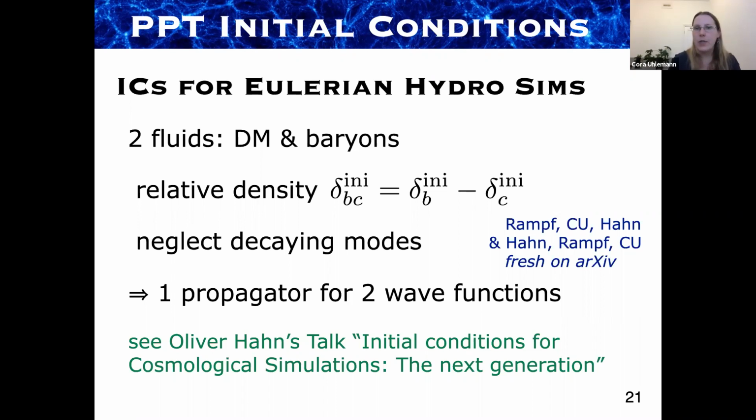In this setting, one can simply apply the single fluid propagator that I described here to the wave function for each fluid species. So all one has to do is to set up the different initial conditions for the wave function and then propagate them with the same propagator. So please have a look at Oliver Hahn's talk about the next generation of initial conditions for cosmological simulations.